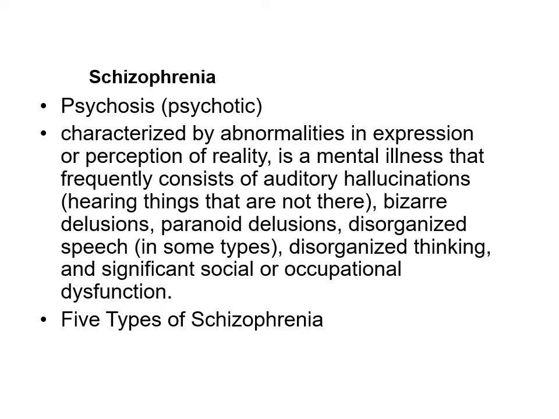All right, so we characterize schizophrenia by abnormalities in the expression or perception of reality. A lot of that involves auditory hallucinations, and sometimes there are visual hallucinations. There's a lot of paranoia and delusion, different types of delusions associated with schizophrenia. And then there can be disorganized thinking, which shows up as disorganized speech.